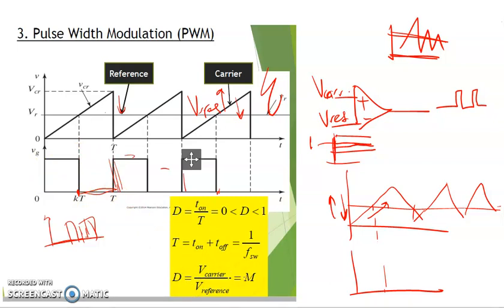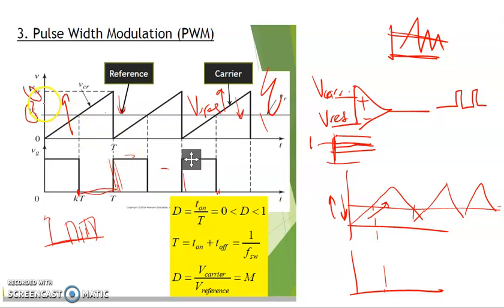And the modulation value, or the D here, refers to the magnitude of V carrier compared to the V reference. So the higher the V carrier, we shift the carrier higher, and we shall have a bigger modulation value.